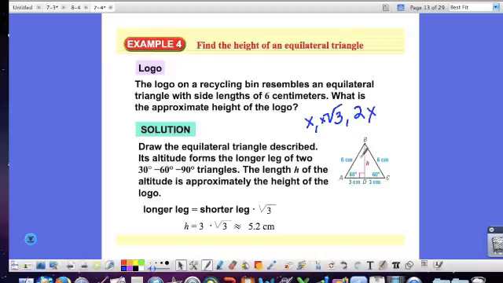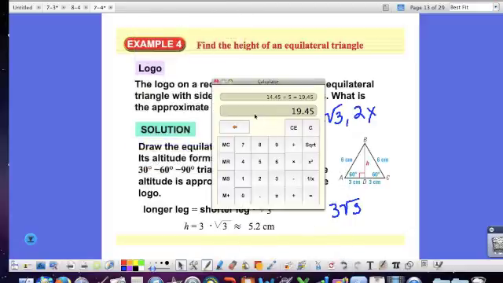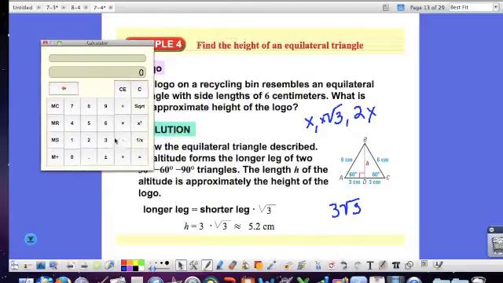So if x is the side opposite the 30-degree angle, this is going to be 3 radical 3. If I put that into a calculator, let's actually do that, just so you can see how that works. Okay, so the square root of 3 is 1.732051 approximately, times my coefficient of 3, I get approximately 5.2 centimeters.